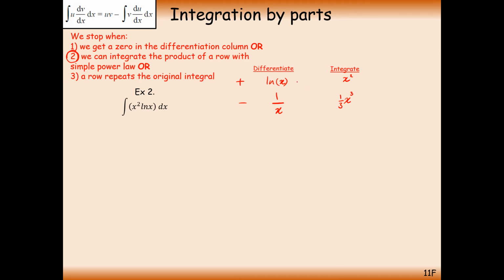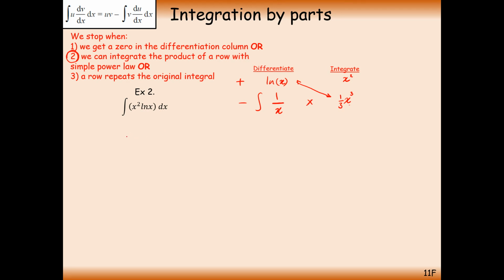Now, the first product in our answer will be these two multiplied with each other, log x times a third of x cubed. Finally, can we multiply these two terms with each other and integrate them? Yes, we can.